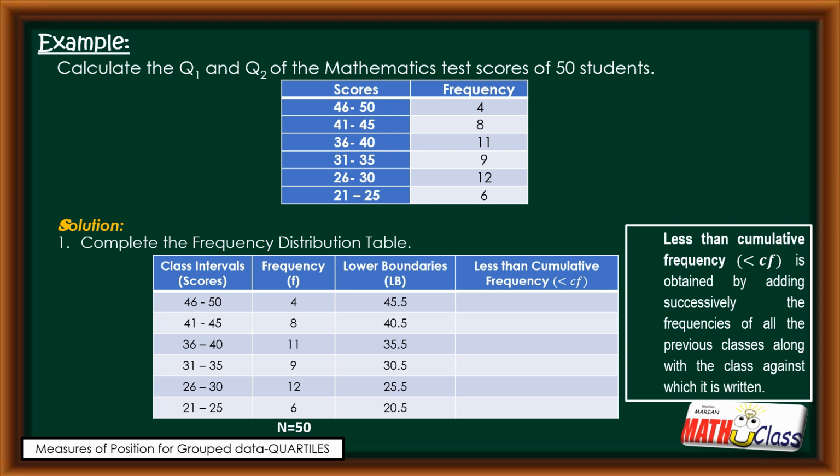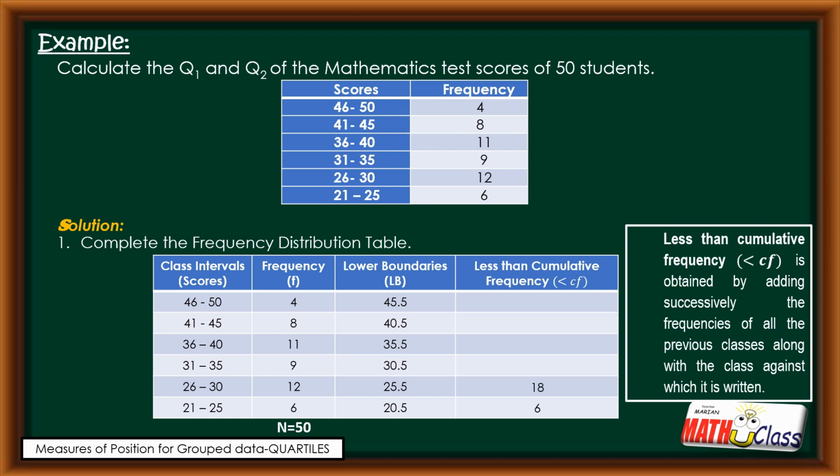The first entry will be the same as the first entry in the frequency column, which is 6. The second entry will be the sum of the first two entries in the frequency column. So 6 plus 12 is 18.